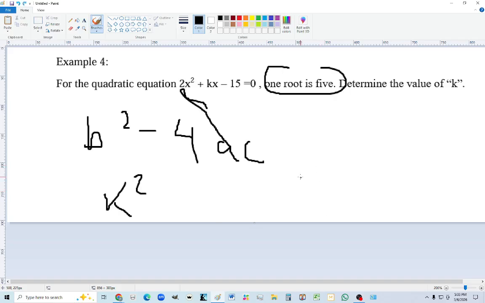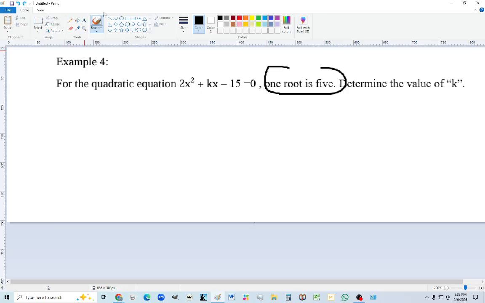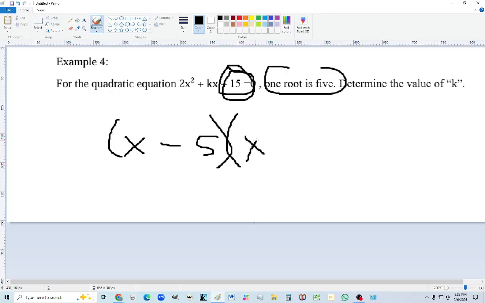Oh, let's try it this way. One root is 5. Why are they telling me one root is 5? It's such a weird thing to do. One root is 5, so x minus 5 is one of the factors. Oh, and we know this has to come out to minus 15. So we know this has to be x plus 3, for this to become minus 15, minus 5 times plus 3.